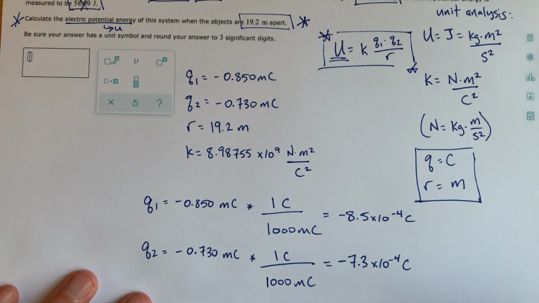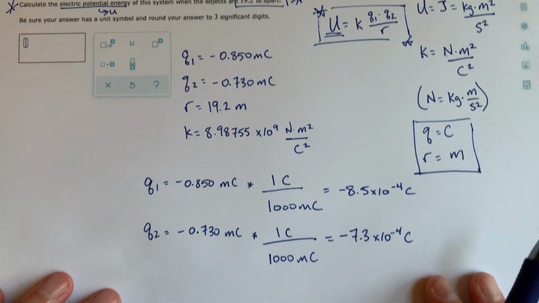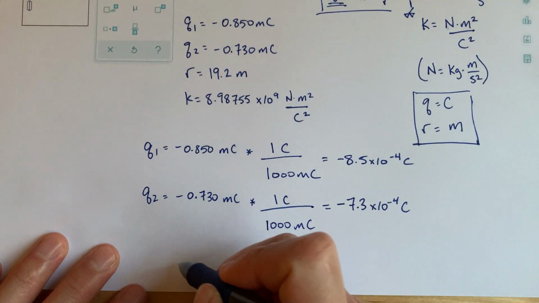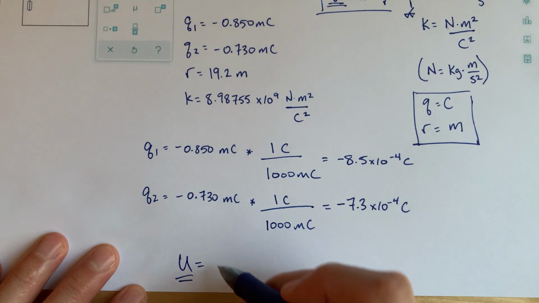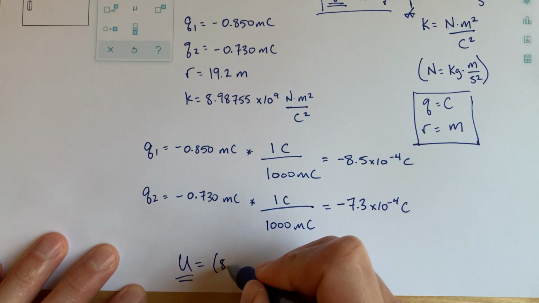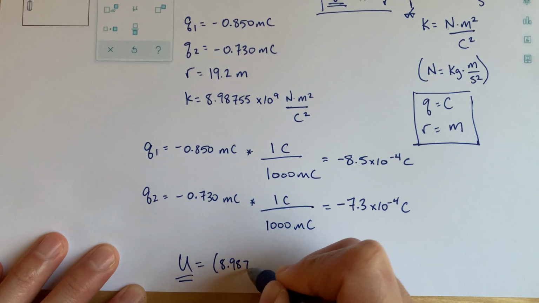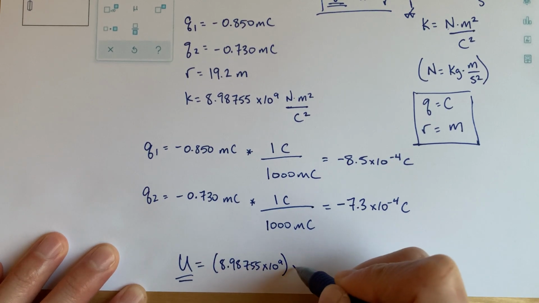And now really I've got all the pieces that I need to basically just plug this into this U value here. So let's go ahead and write that out. So U, which is what we're looking for, that is the electric potential energy, is equal to K, which is this value here. So we'll write that out, 8.98755 times 10 to the 9th.